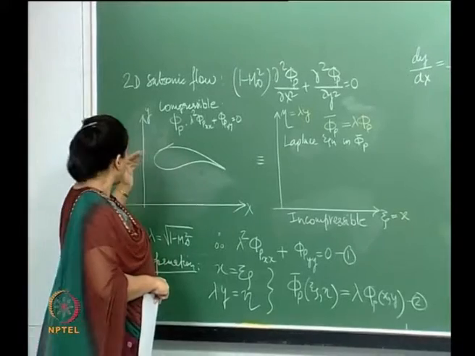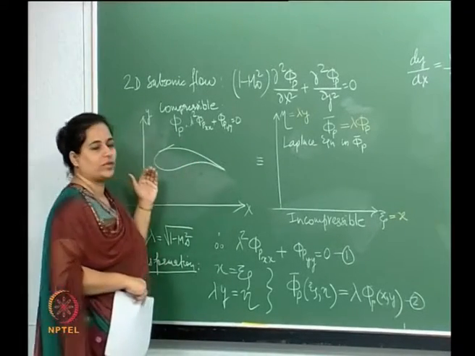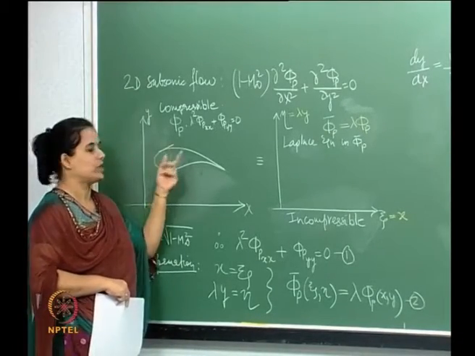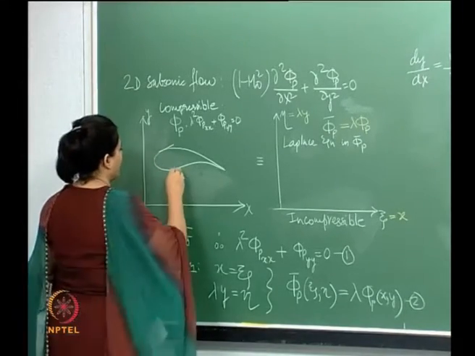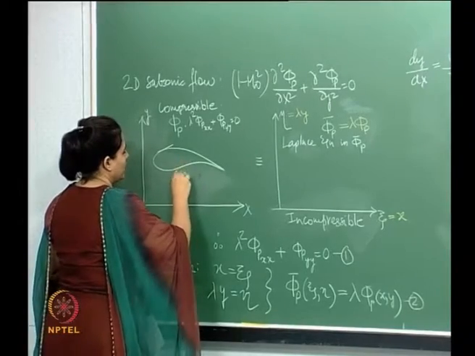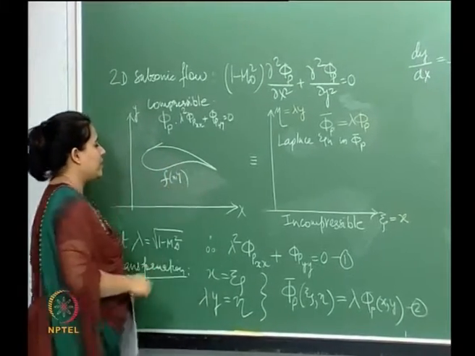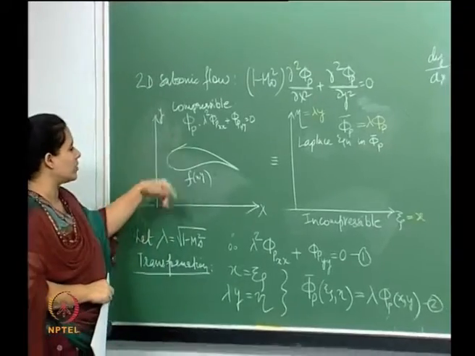All right. Now, like it was for the problem that we had, that the contour was given to us, let that function be f(x), which gives the contour of the body here.